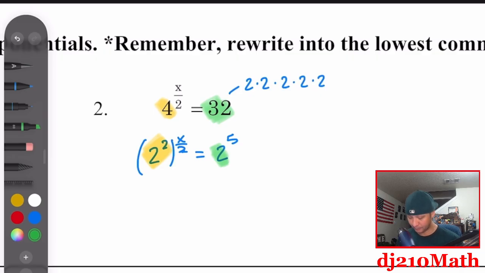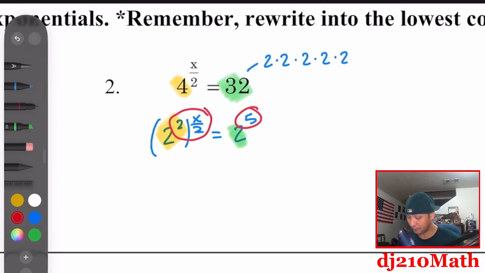Because the bases match, I'm only looking at the exponents, and we're setting the exponents equal to each other. So on the left, 2 and then x over 2, a power raised to a power is multiplication, right?